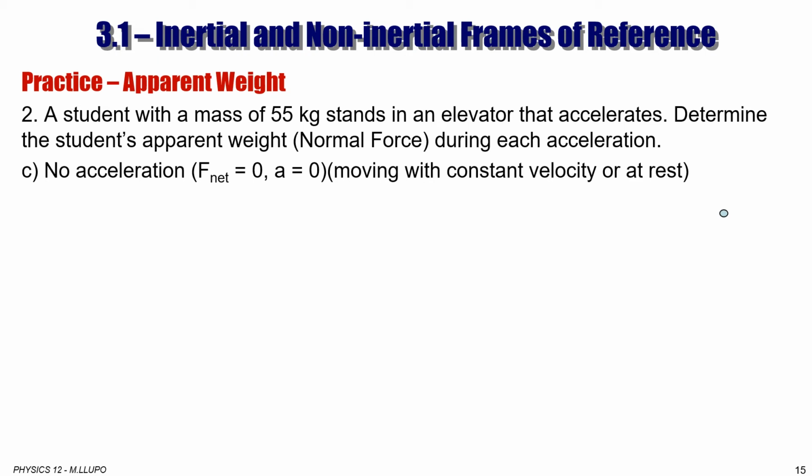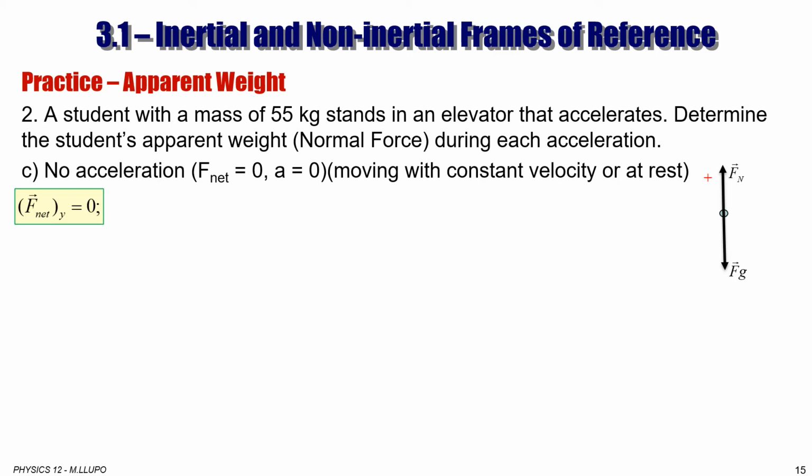Since it is in equilibrium, we just keep it traditional, positive up. Then we apply the first Newton's law, not the second, because F net is 0. So F net y is equal to 0. That means the sum of all forces is equal to 0.